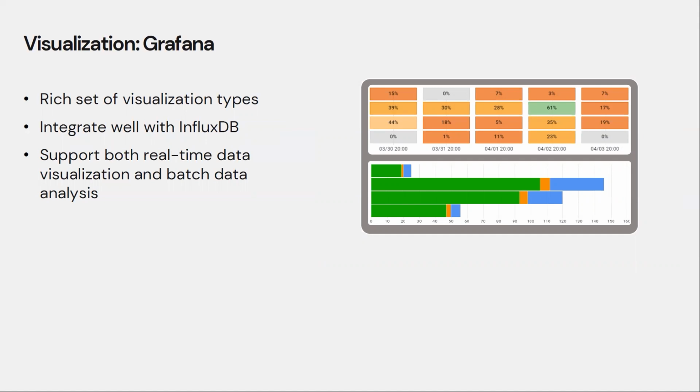And finally, a lot of people today use Grafana for real-time data visualization. But Grafana is also very powerful for batch data analysis. For example, you can run InfluxDB queries in it so that you can get batch type data results, which is very important for digital twins, because digital twins are not just real-time monitoring. There's a lot of historic analysis you do to really understand the performance of your system.